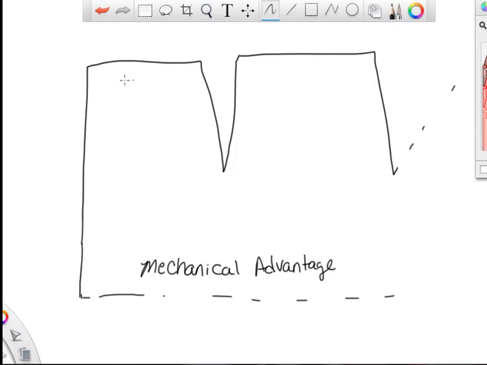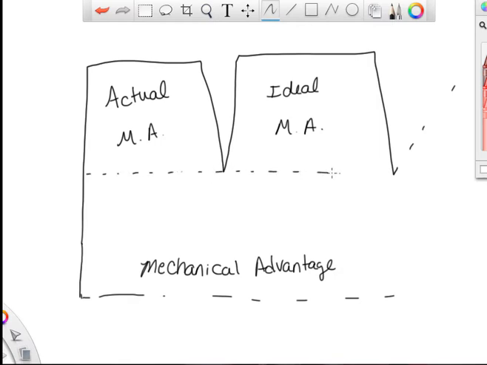So, on the flap, we're going to remind ourselves that this flap is discussing actual mechanical advantage, and this flap is discussing ideal mechanical advantage. When we're talking about actual mechanical advantage, and this is where the flap folds, right here, we're talking about the mechanical advantage of a machine in a real situation.